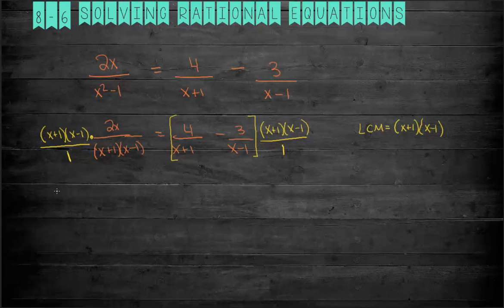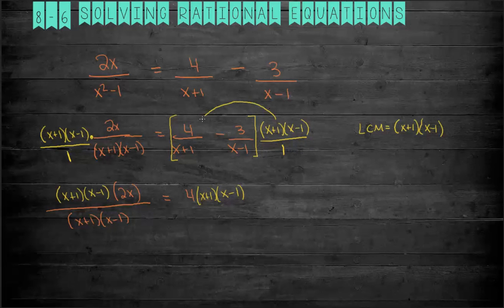So then I'm going to get x plus 1, x minus 1 times 2x all over x plus 1, x minus 1, and that will be equal to 4 times x plus 1 and x minus 1. This is where I took the LCM and distributed it to the first term on the right side of our equation.